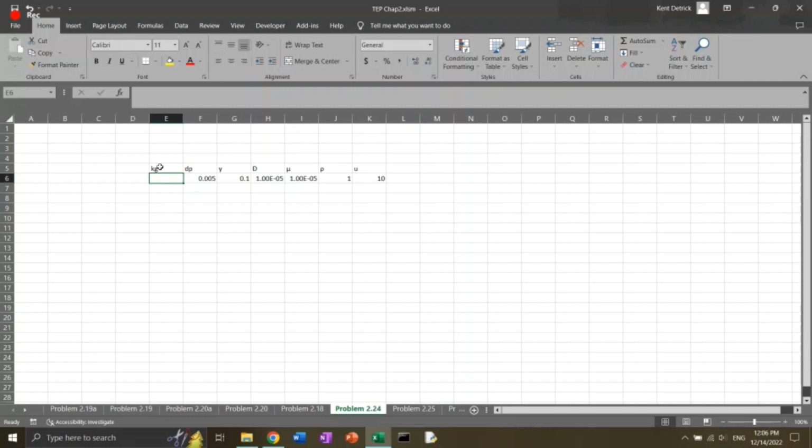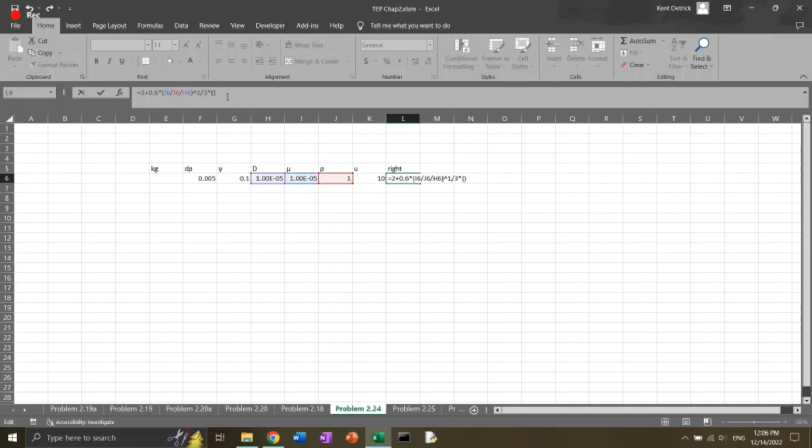Okay, so now we're going to calculate what kg equals. We'll say, okay, so this is the right side of the equation, which equals 2 plus 0.6 times mu divided by rho divided by D, and that is raised to the 1/3 power.